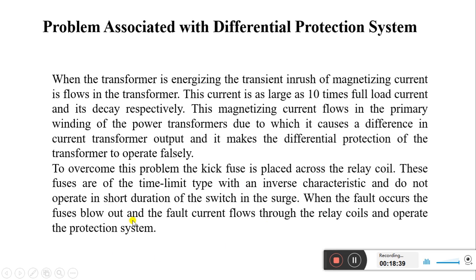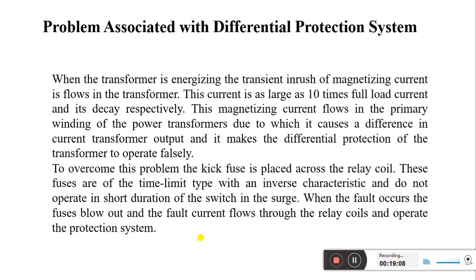The same thing has been explained here: to overcome this problem the fuse is placed across the relay coil. These fuses are of the time-limit type with an inverse characteristic and do not operate on short-duration switching surges. When a fault occurs, the fuse blows out and the fault current flows through the relay coil and operates the protection system.